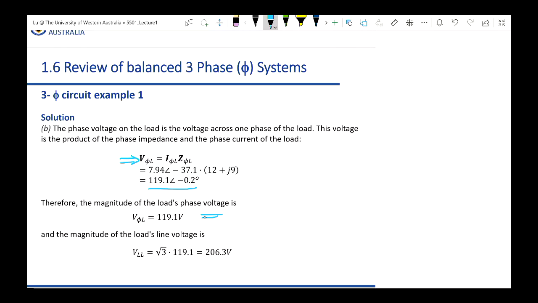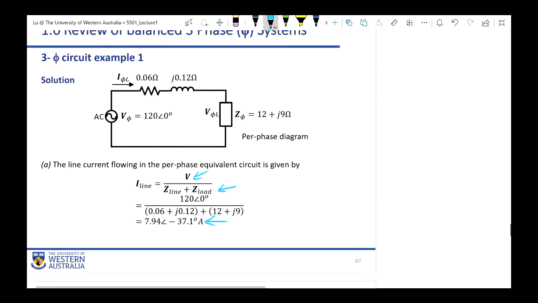In this part, you have already got the magnitude of the phase voltage. And this system, luckily, is a balanced Y connection system. So the magnitude of the line voltage should be square root 3 times stronger than that. So here, we multiply by square root 3 to get the answer. Okay, so easy stuff.